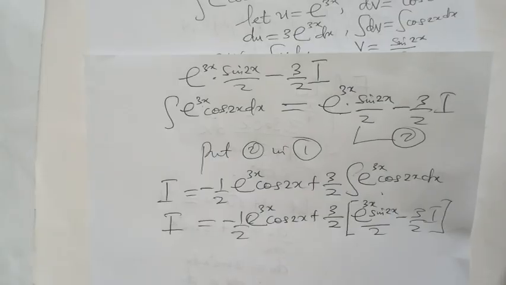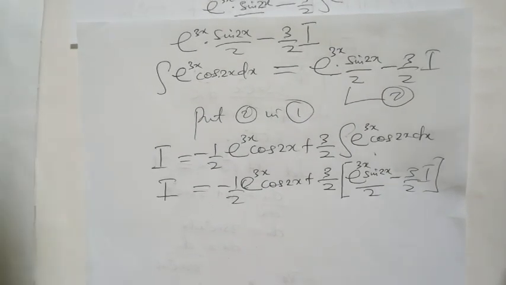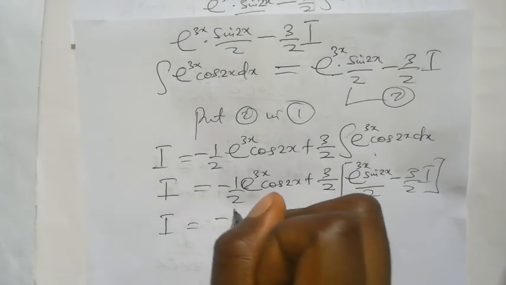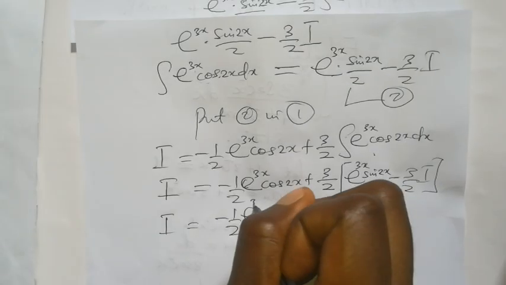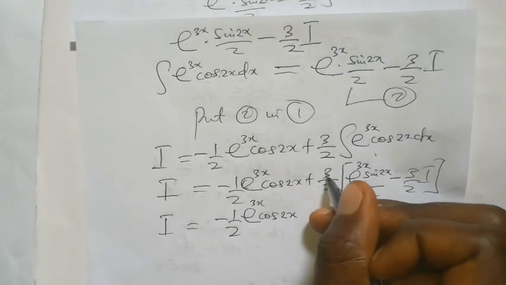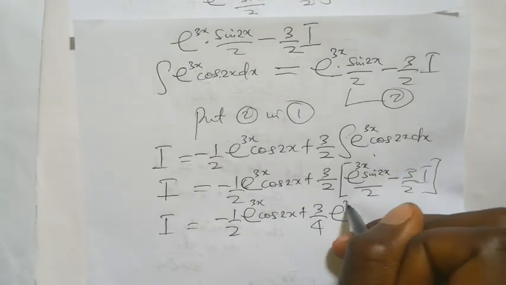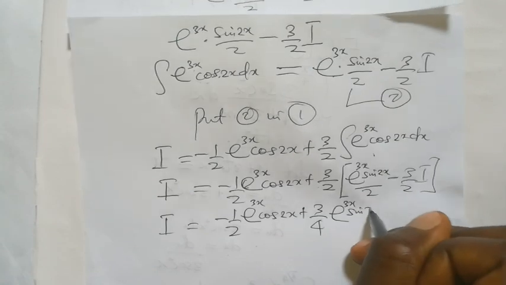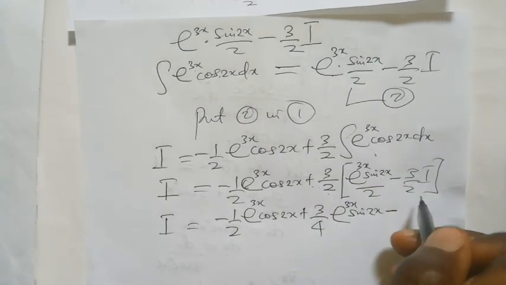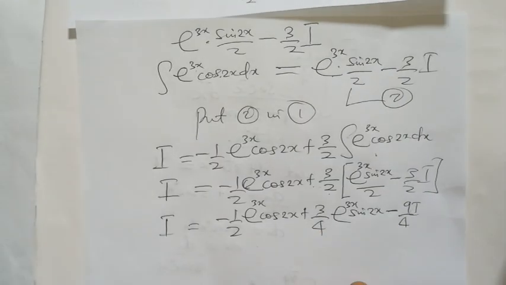So we are going to have my I is minus 1 over 2 e to the power of 3x cos 2x. You see, this time we are going to have plus 3 over 4 e to the power of 3x sine 2x, plus times minus is minus, 3 times 3 over 2 times 3 over 2, we have 9 over 4 I. You get it?